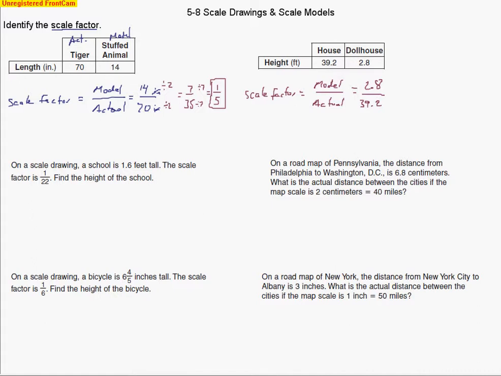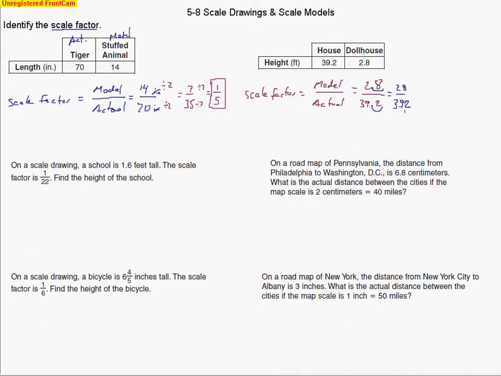I'm going to get rid of this decimal by multiplying by 10. It seems like we're going against what we want to do, which is reduce it, but sometimes it makes the problem look a little easier if you get rid of the decimal. So I moved the decimal over one space, did the same thing in the denominator as well, and that's just multiplying by 10.